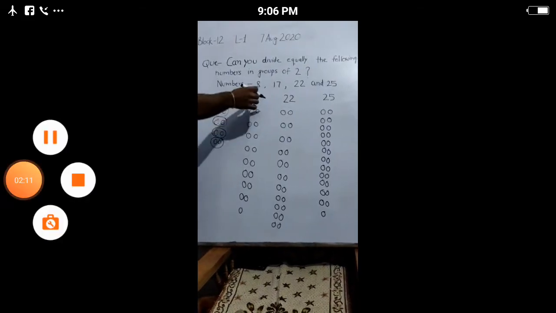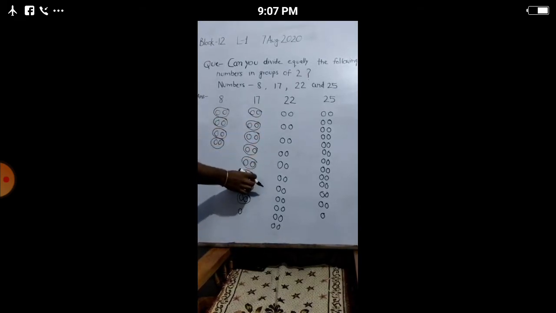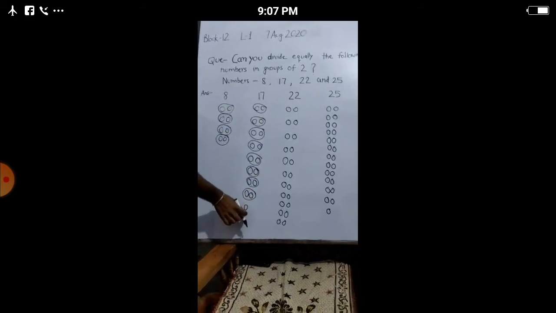Now children, here you can see 17. So first group, second, third, fourth, fifth, sixth, seventh, eighth. So children, here 2, 4, 6, 8, 10, 12, 14, 16 and 1, 17 means 1 is left.